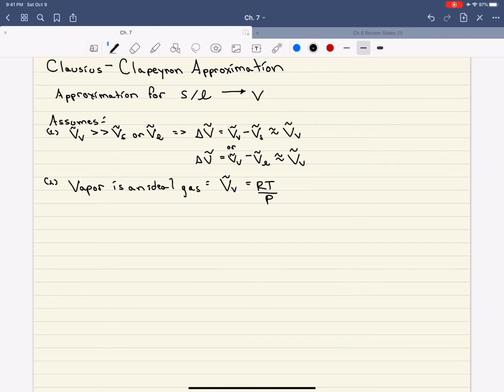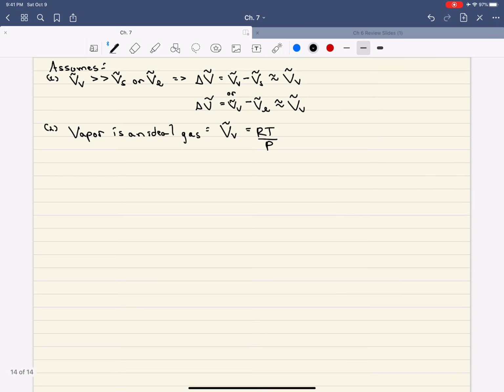All right, and so with those assumptions in hand, let's go back to the Clapeyron equation. dP/dT at constant delta G is equal to delta S of the liquid to the vapor phase over delta V of the liquid to the vapor phase.